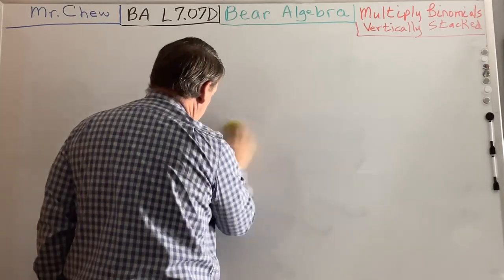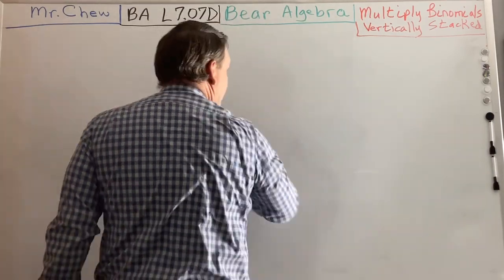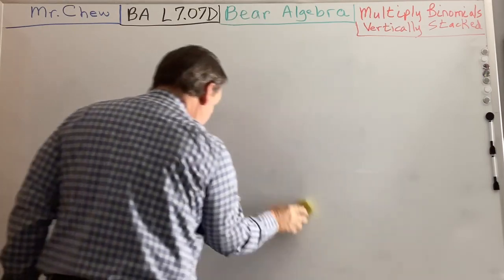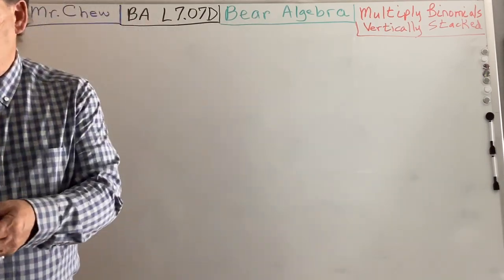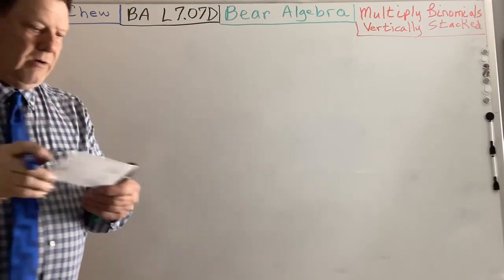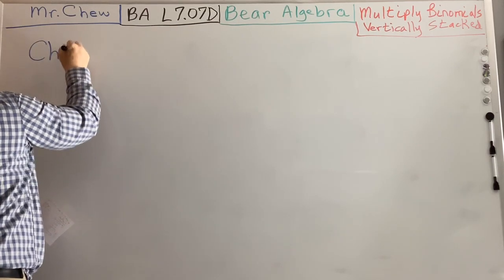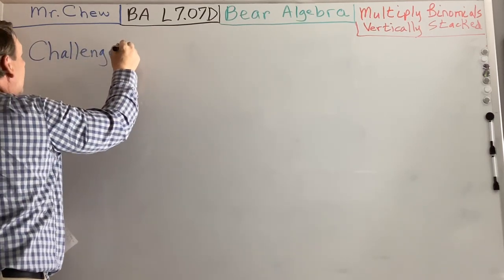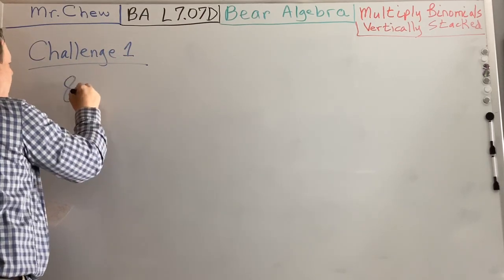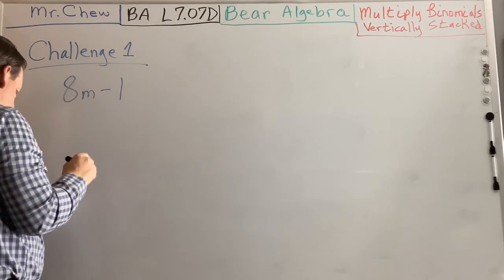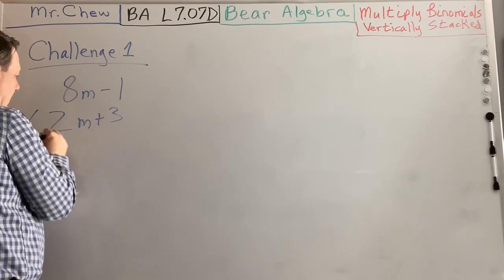So, here are your challenge problems for lesson 7.07D. All right, challenge 1. We have 8m minus 1 times 2m plus 3.